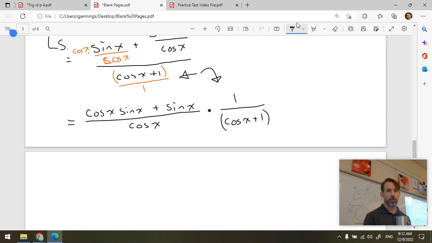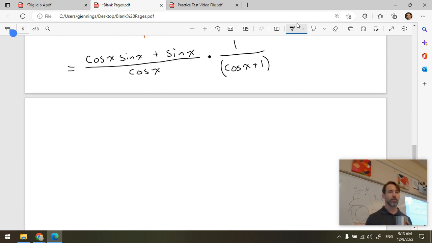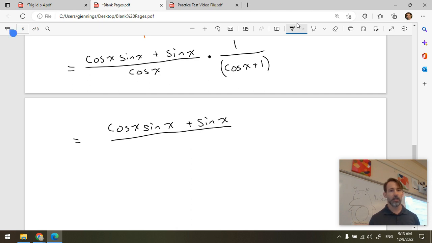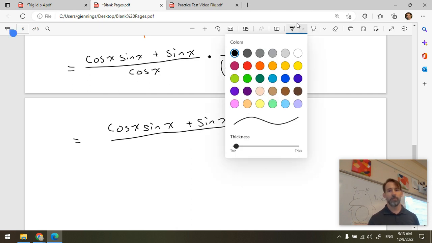Okay, cool. So now, let's multiply the top times the top and the bottom times the bottom. So we're going to have all that top stuff, cosine x, sine x, plus sine x, multiplying by 1. So that just means it's itself. So we'll have on the top cosine of x, sine of x, plus sine of x, all divided by, let's multiply the bottom.